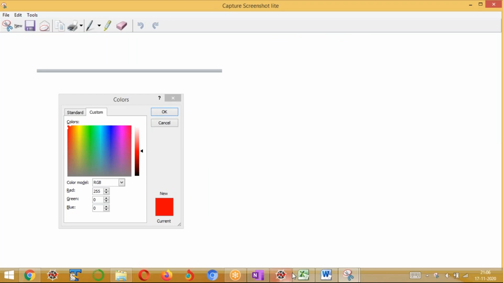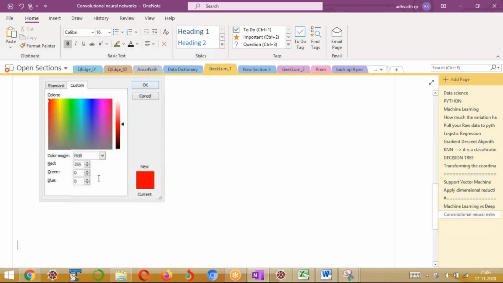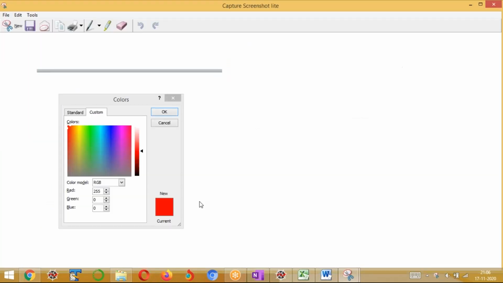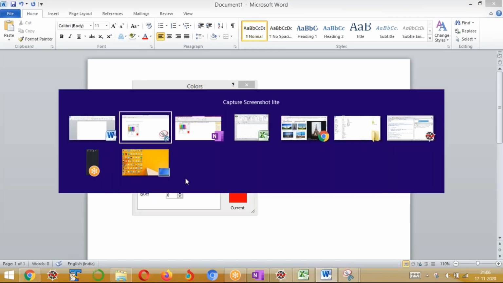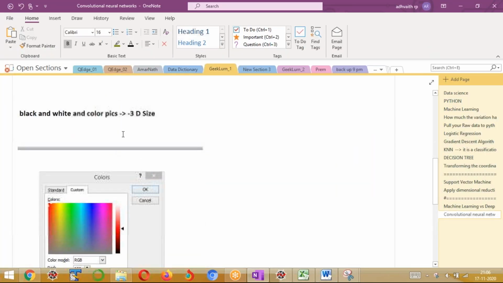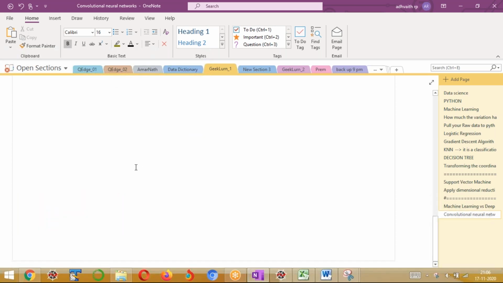Okay, just a minute, guys. Put it here. So when you change this one, what is this RGB? Here.